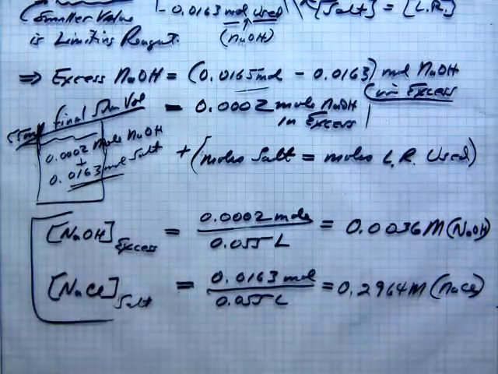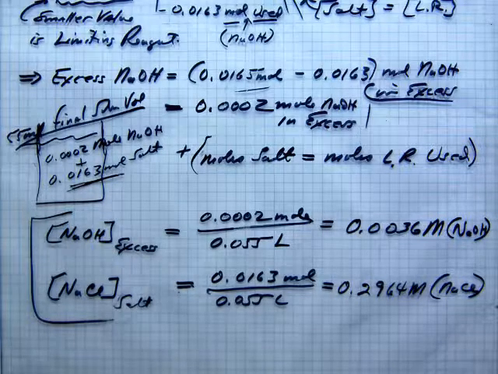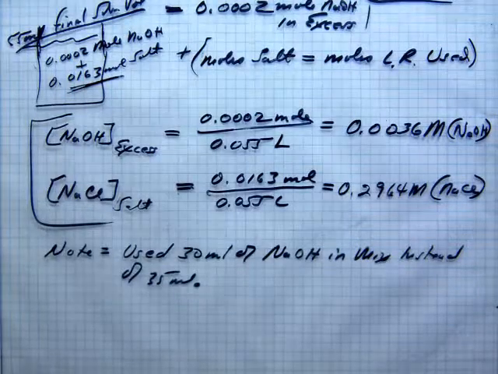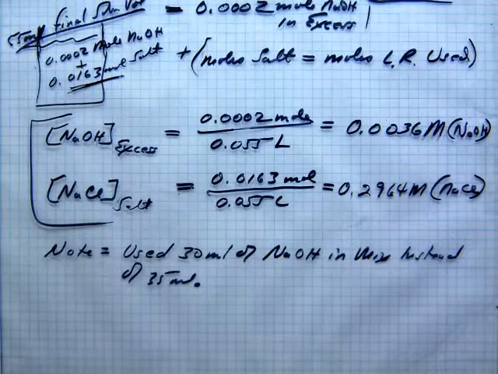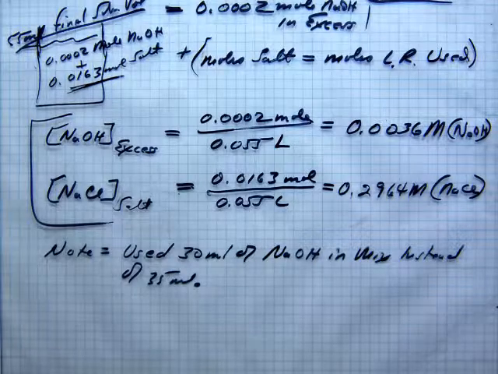So these are your two final concentrations in the solution after the reaction. Let's make a little notation. I used 30 milliliters NaOH and mixed instead of 35, and so it messed up the whole delivery thing.